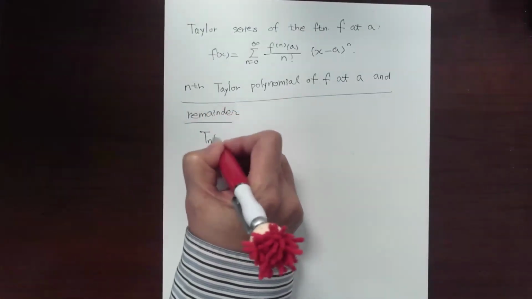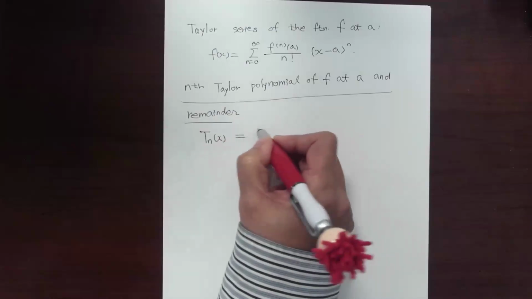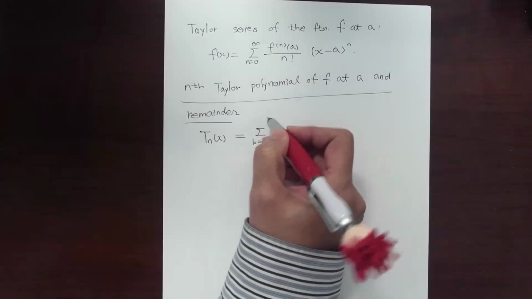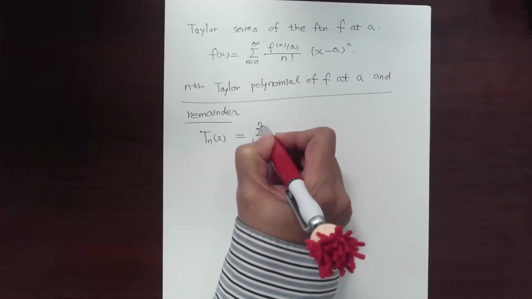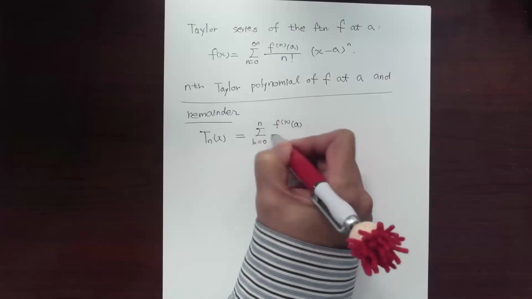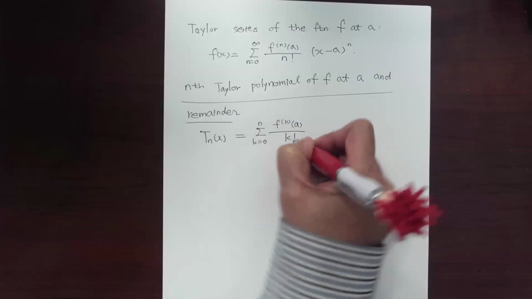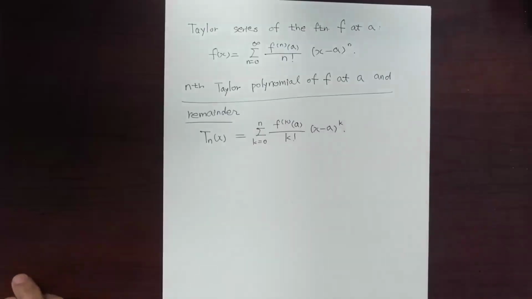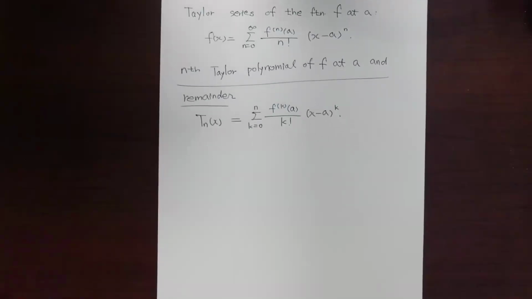and remainder, that means we just think about the first n plus one terms, kth derivative. And the Taylor polynomial of the function f at a is denoted by T sub n of x.